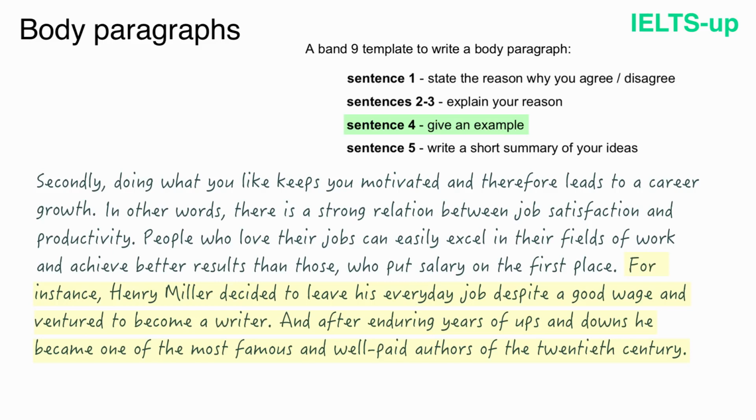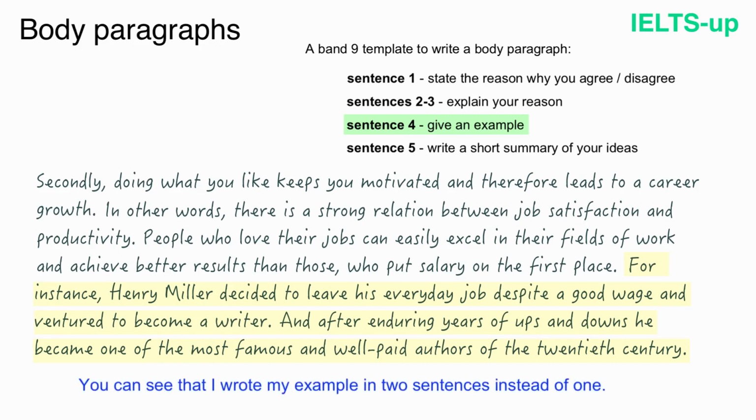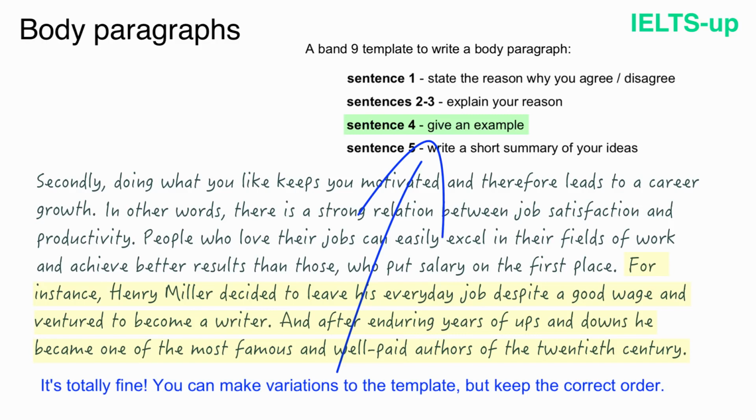And after enduring years of ups and downs, he became one of the most famous and well-paid authors of the 20th century. You can see that I wrote my example in 2 sentences instead of 1. It's totally fine. You can make variations to the template, but keep the correct order.